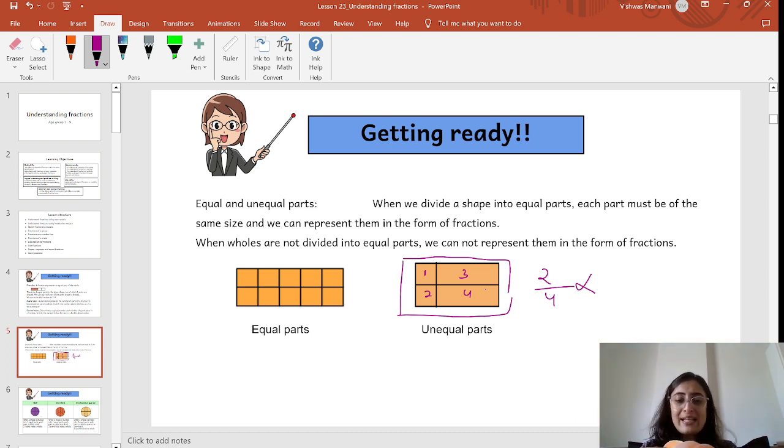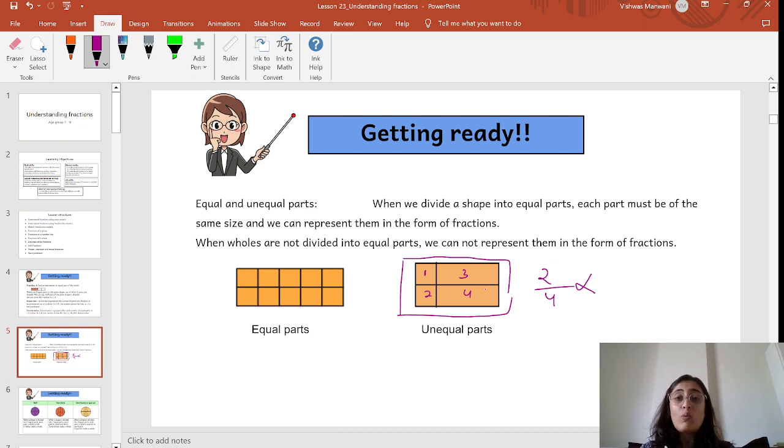Let's make this example a little more interesting. So now I have 4 oranges and along with 4 oranges I also have 2 apples. Okay, now if I ask you what fraction of the fruits are apples, then what would you say? Can you think of an answer?